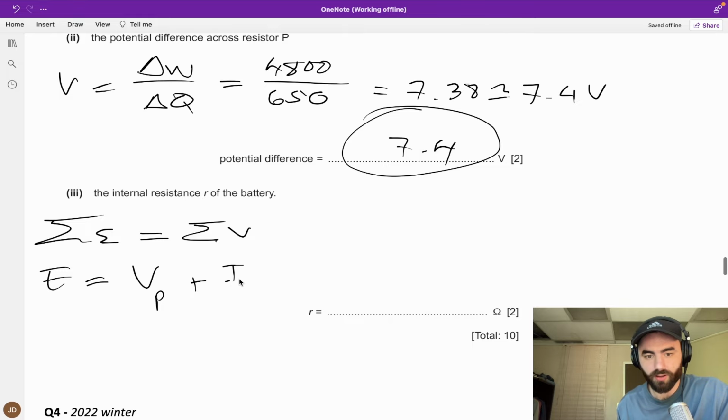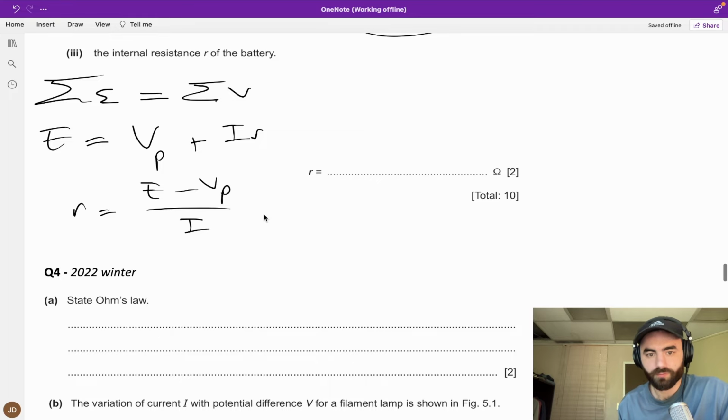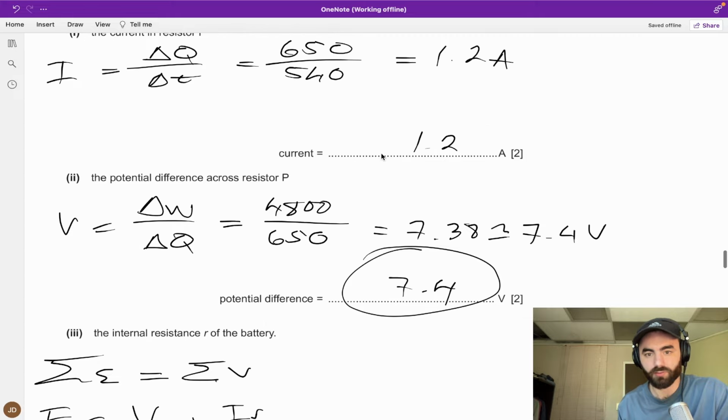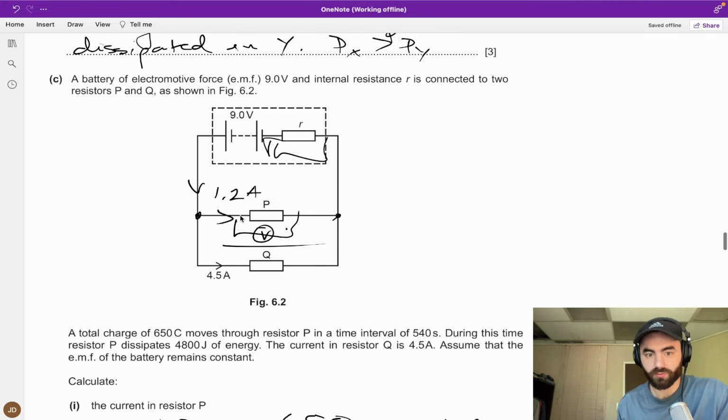And this is IR, VP we have. So R equals E minus VP over I, which will equal 9 minus 7.4 divided by I, which is the current going through this battery.